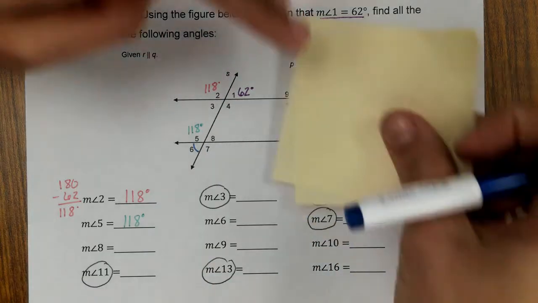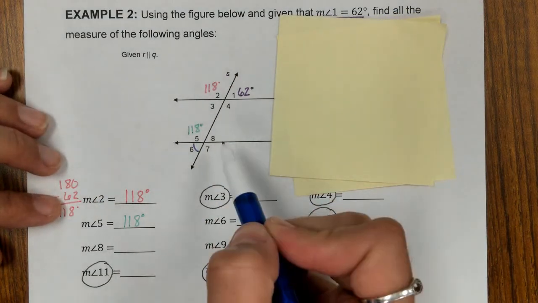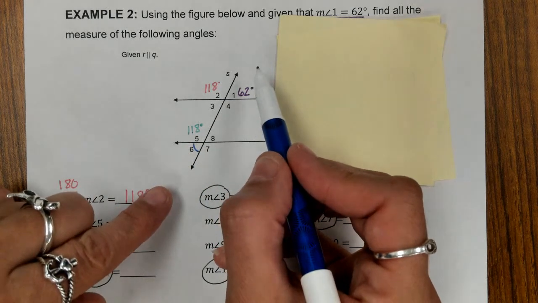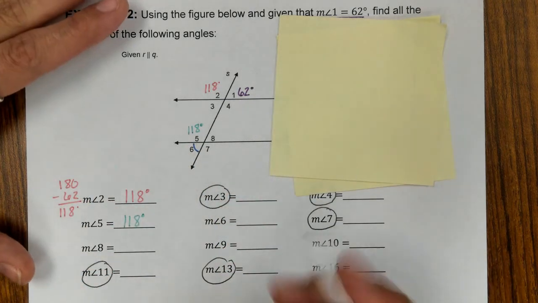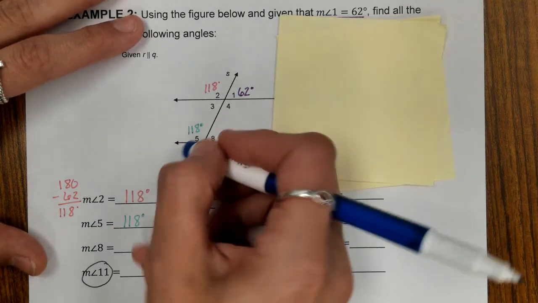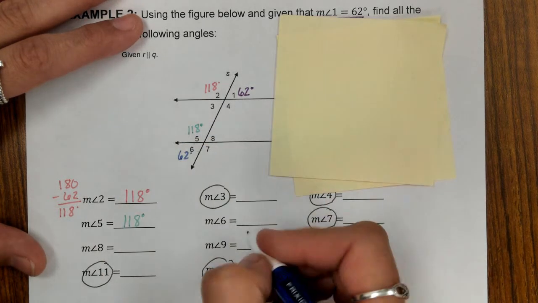Again, I forgot to do this, but we don't need any of this stuff over here. We're just looking here. Here are parallel lines. We are on alternate sides of the transversal, and we are exterior. And we learned that alternate exterior angles are congruent. So here we can conclude that angle 6 will also be 62 degrees.